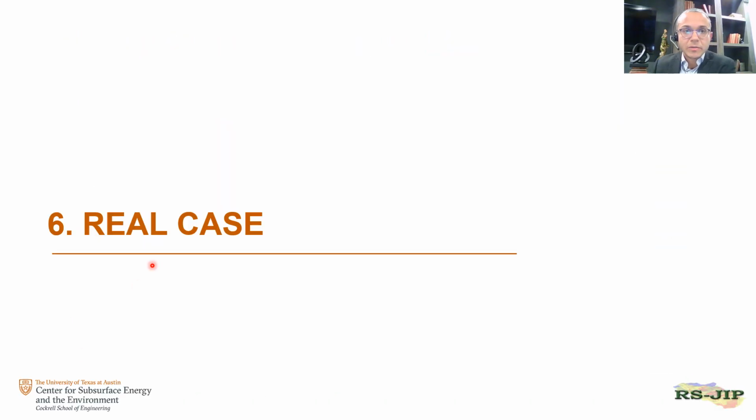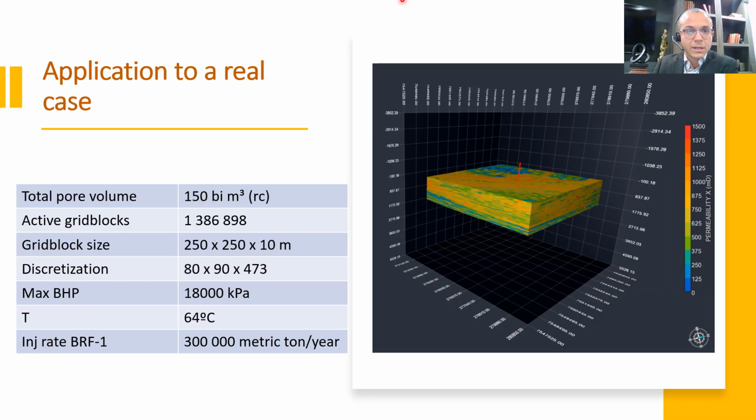The validation in a real sandstone aquifer model will be performed as a final test of our proposed methodology. This aquifer is located in the Campos Basin in Brazil. This case is a reservoir sandstone, with sands composed essentially of quartz and feldspar.